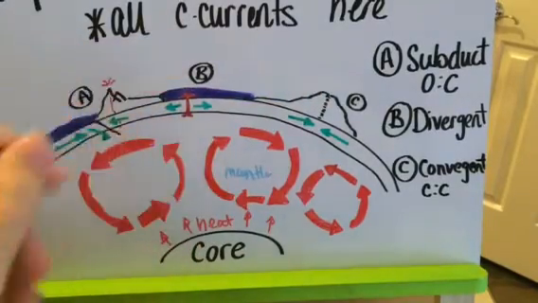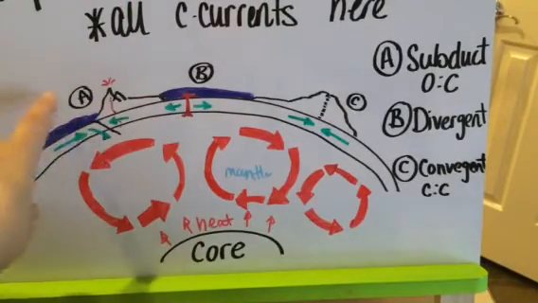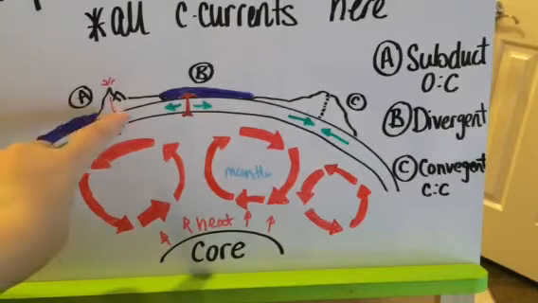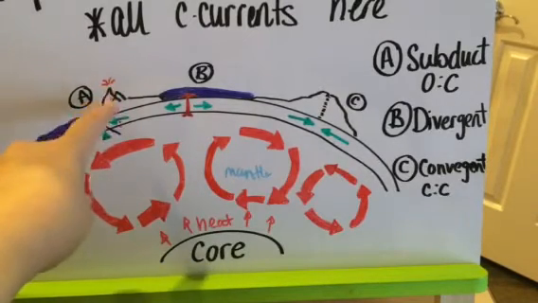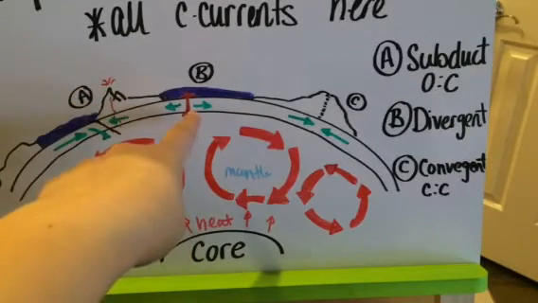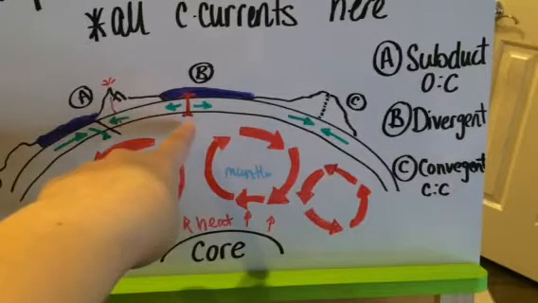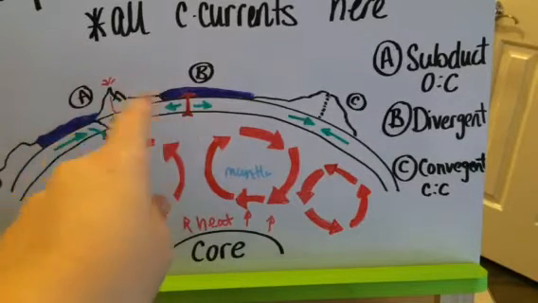There's another one called transform. We're going to look at that on the other side when I flip the board over. With a subduction, I have an ocean, hence my blue water, colliding with a continental plate. The divergent boundaries usually happen out in the water or where there's an area surrounded by water.